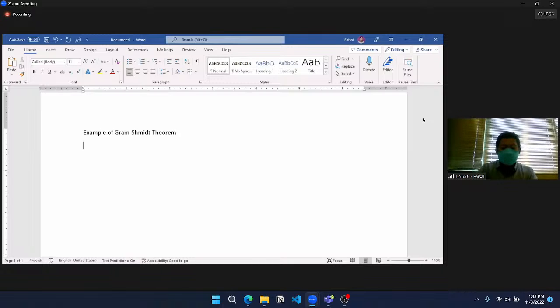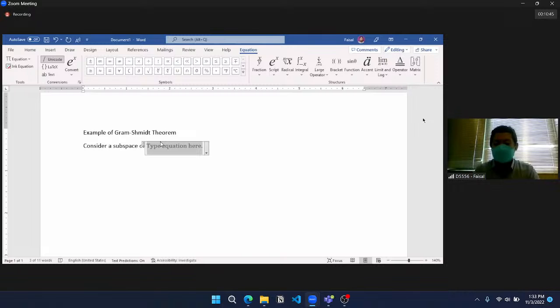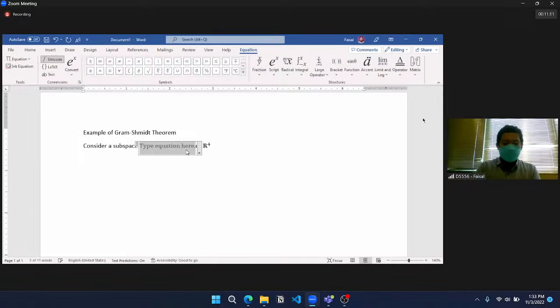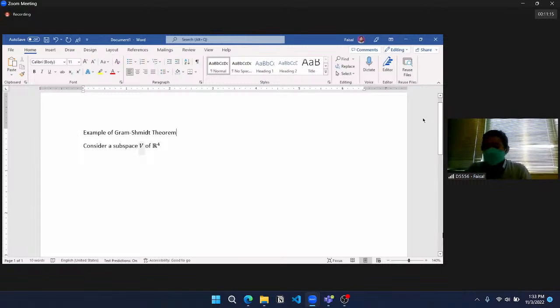Now we consider a subspace. We take a subspace of R4, the vector space of dimension 4, and we call it V. What is the subspace?